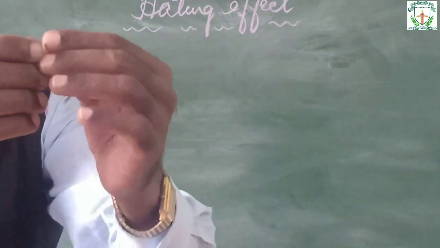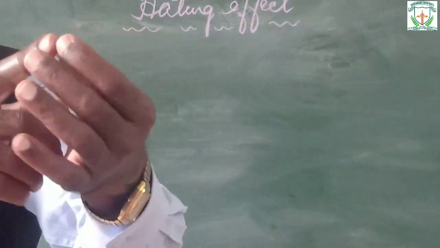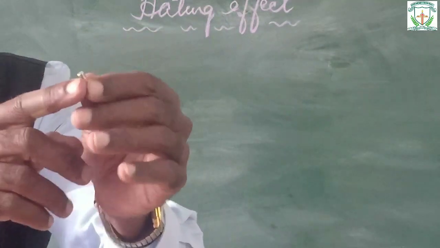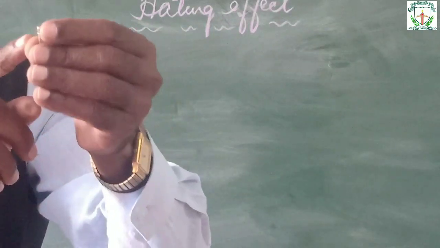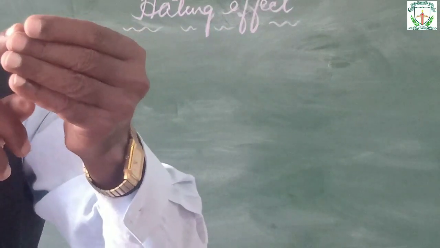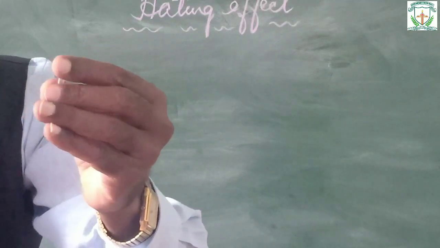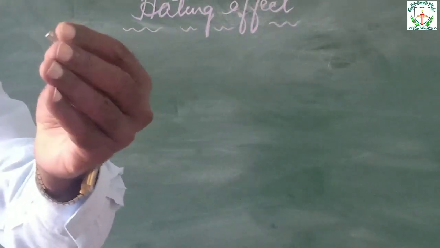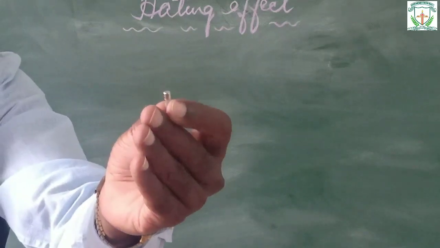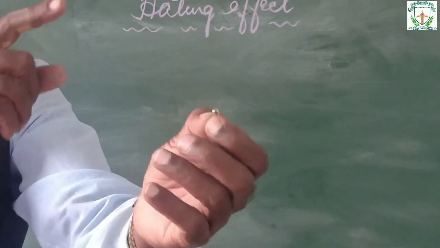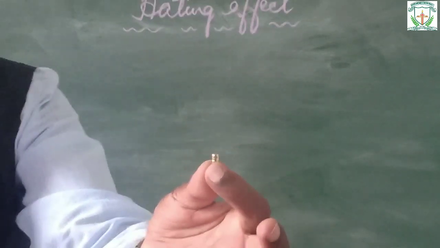This will be inserted in the circuit in series, and it is written what is the current rating and what is the voltage rating. All these things will be written here. Maybe if you examine here, you can see this is 220 volts, 2 ampere. So this fuse allows 2 amperes of current in a 220 volts main.